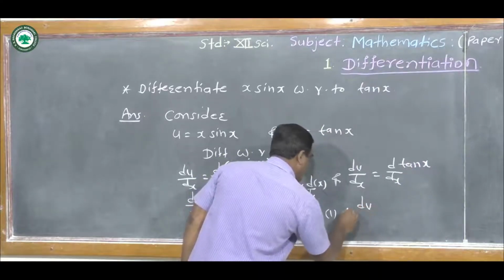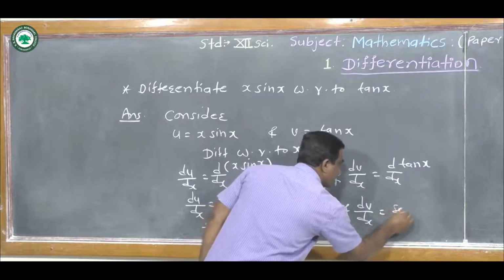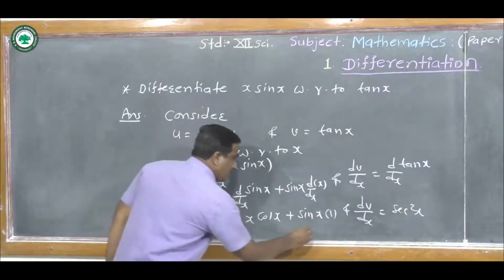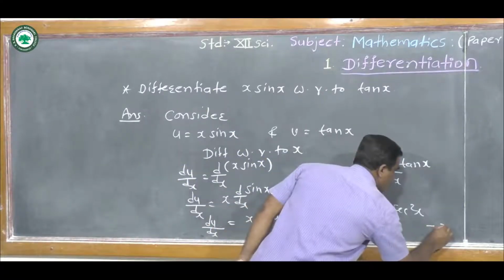Therefore dv by dx is equal to derivative of tan x is sec square x. Okay, say this as equation number first, this as equation number second.